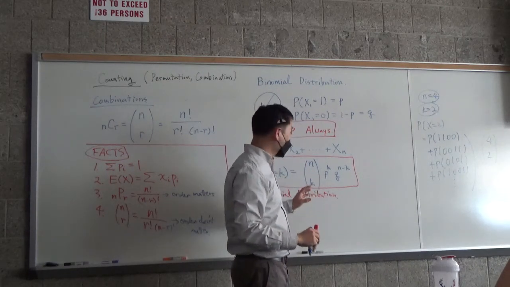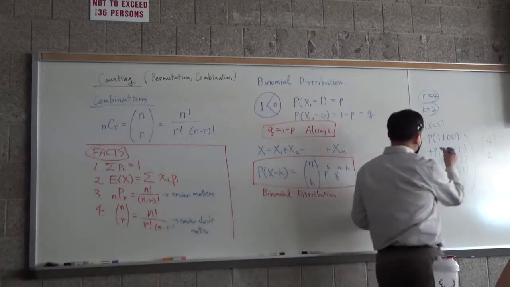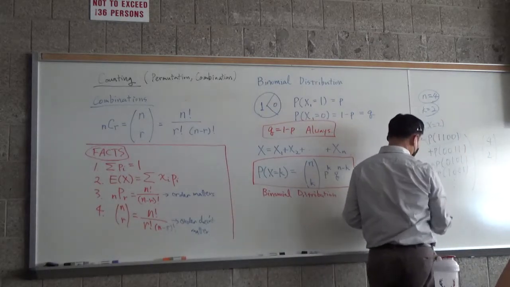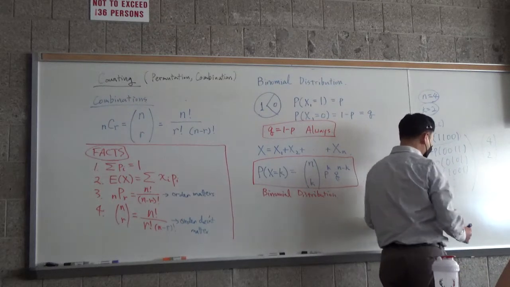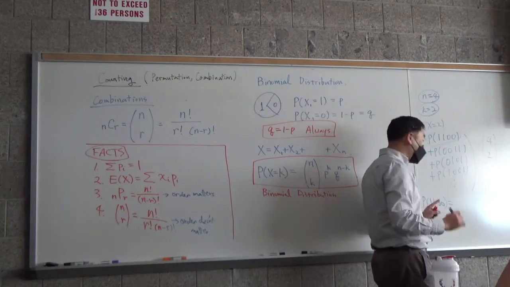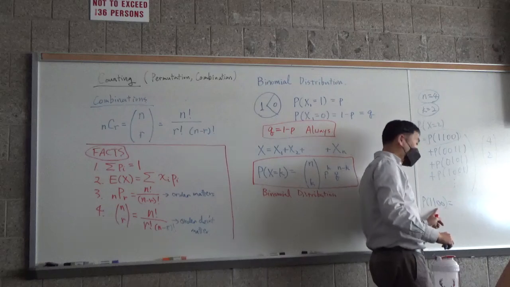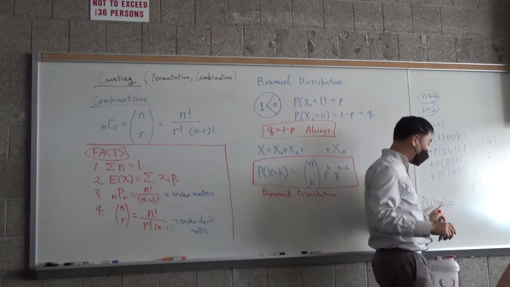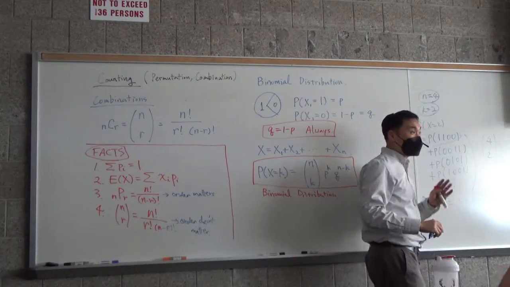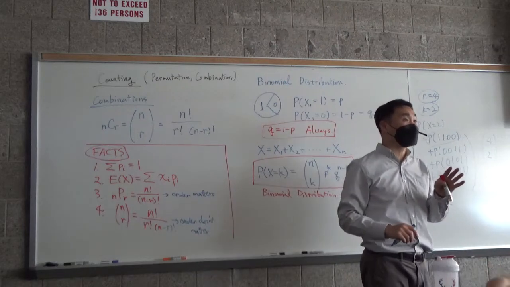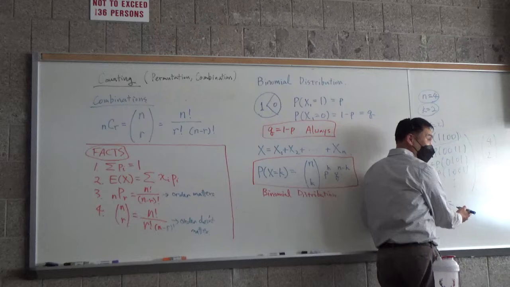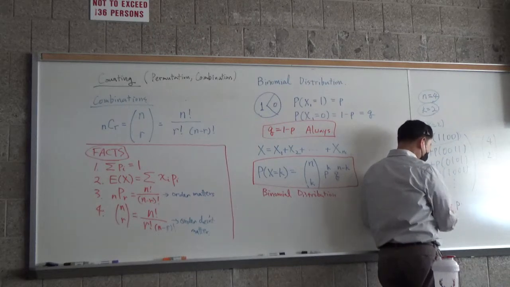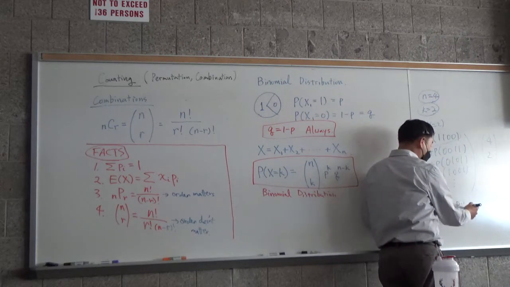Now for each of these, what's the probability of 1, 1, 0, 0? Can you tell me? This is like getting a 1 and a 1 and a 0 and a 0. If you have "and," what do you do with the probabilities? Multiply. To get a 1, the probability is p.